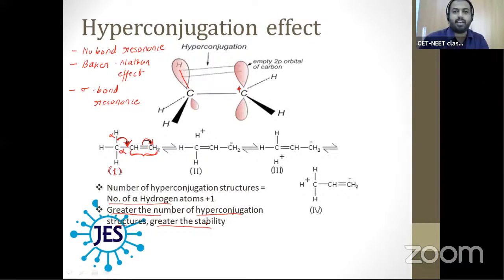Some other alkene B has only 3 hyperconjugation structures. The one with 9 hyperconjugation structures will be more stable than the one with 3. So hyperconjugation structures are very helpful in identifying the stability of an alkene.